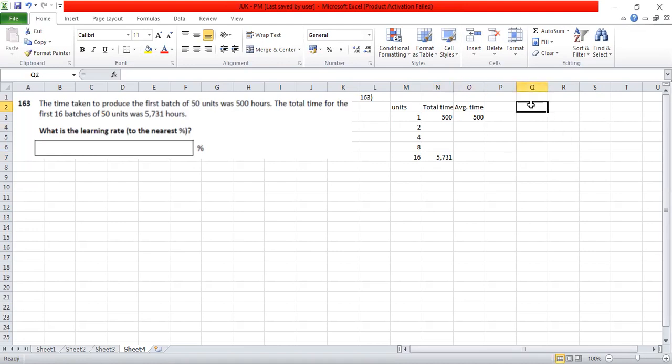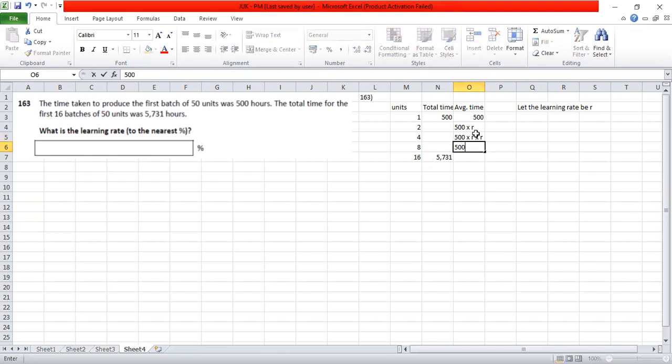So what happens? The next time it will be 500 into R. After that, this will be 500 into R into again R, so this would be rather R square.